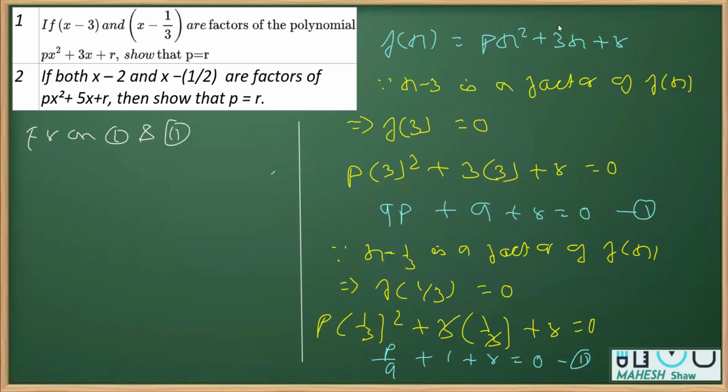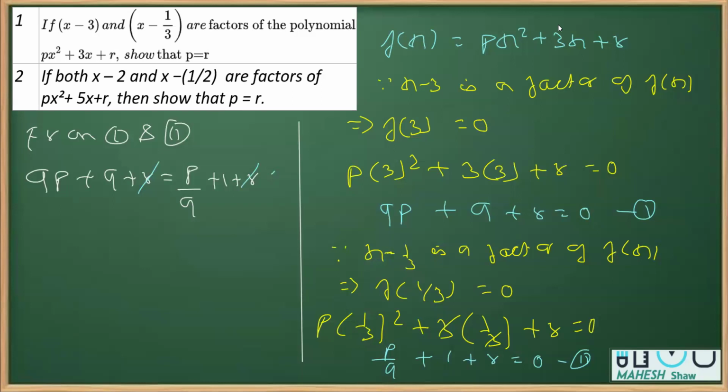So 9p plus 9 plus r should be equal to p over 9 plus 1 plus r. Now what you can see here is that we can cancel r and r.